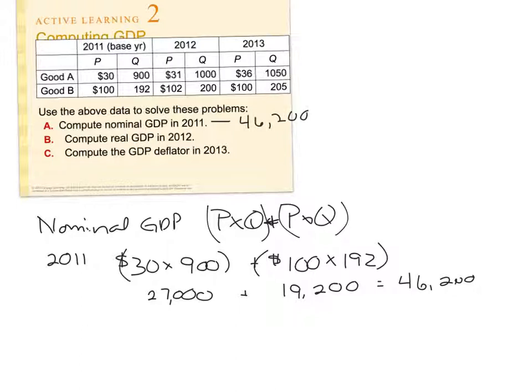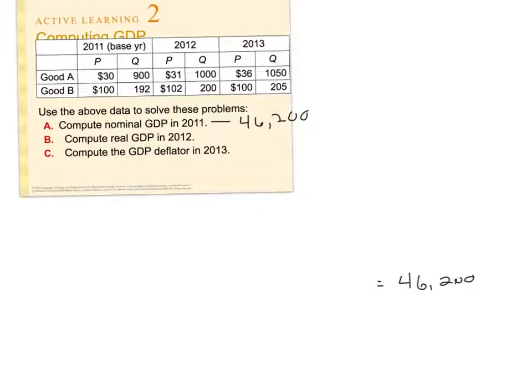Okay? I'm going to go ahead and erase this bottom part here, and we'll erase that, and I want to erase that too. Okay. Let me just rewrite that, 46,200, because we might need that later on. I don't think so, but we just want to make sure we're right.